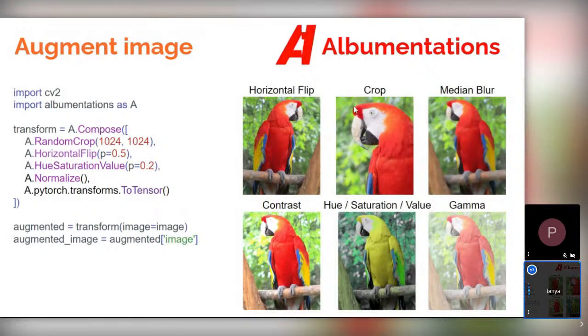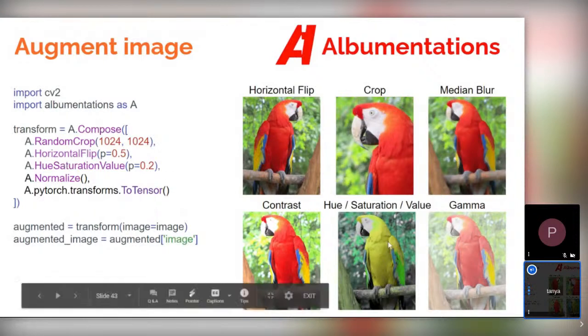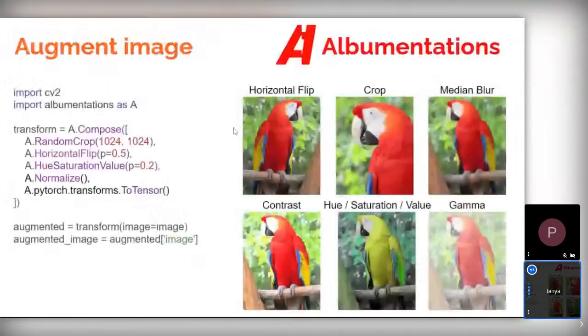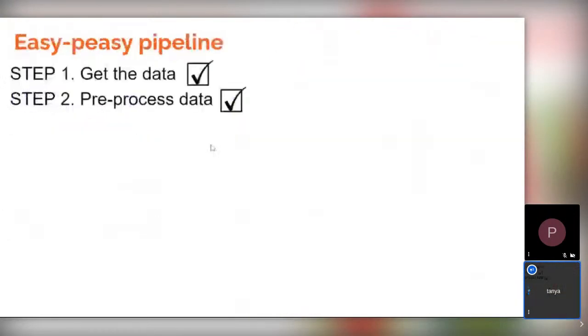Like here, you have a crop and a flip and hue saturation. And then you also need to normalize your images because neural networks work better when your images are normalized around 0. So it's also doing that for you just in one line.